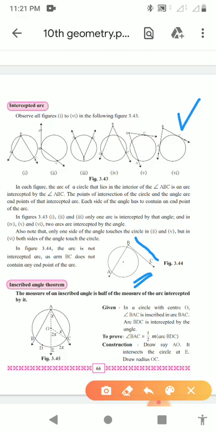It is completely away from this circle, so not a single point of the circle is touched by that arm BC. So we can say that the arc is not an intercepted arc in this case, because BC does not contain any point of the arc. Zero points touch the side BC, isn't it?